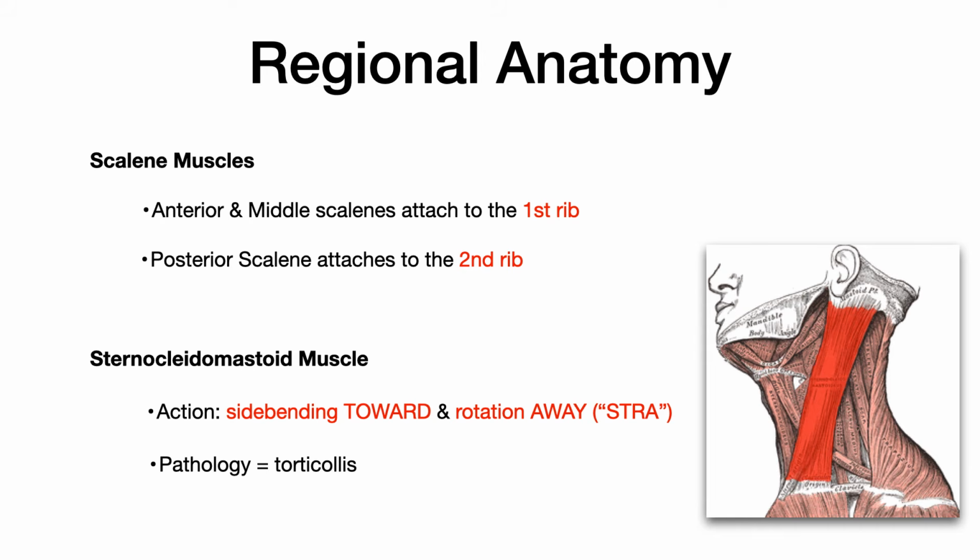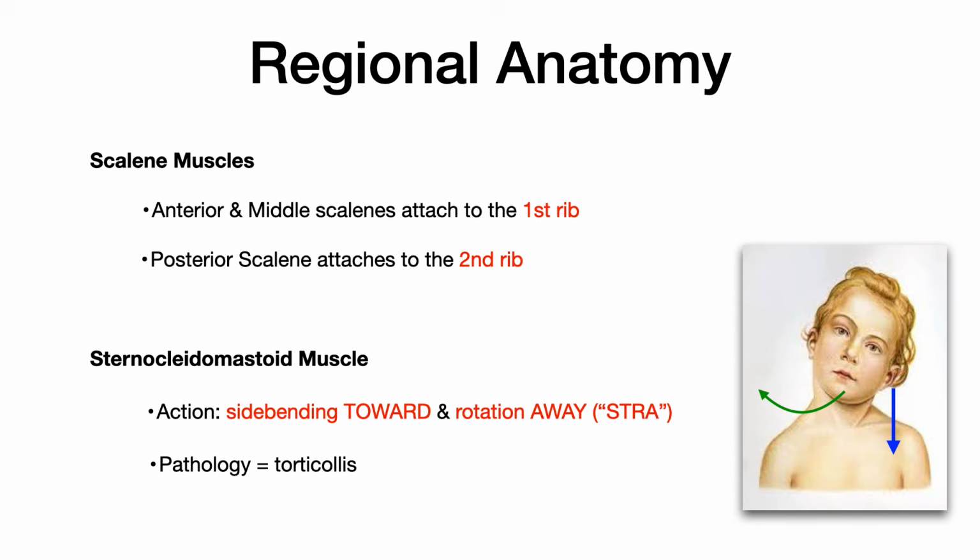And the reason this is really important is because you might have a picture where they show you torticollis, right? Someone's sternocleidomastoid is just way too hypertonic. And what it'll look like is what you see in this image. And based on the image they give you, you'll have to figure out, is it the right sternocleidomastoid that's hypertonic, or is it the left sternocleidomastoid that's hypertonic?